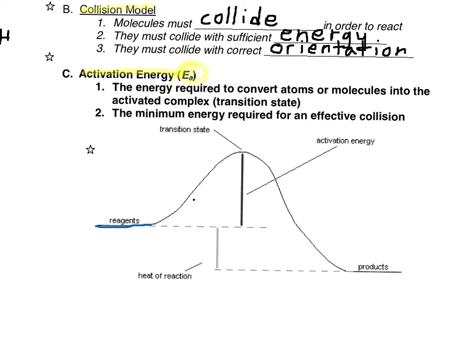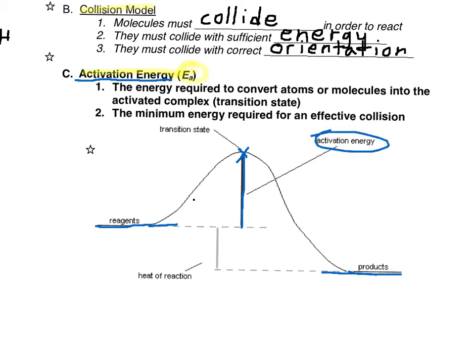It shows the energy of your reactants, it shows the energy of your products, and it shows that in order for the reactants to make the products, you have to overcome a certain amount of energy, the activation energy. So this is the minimum amount of energy that your reactants have to get in order to become products. The difference between this state and this state is our activation energy.